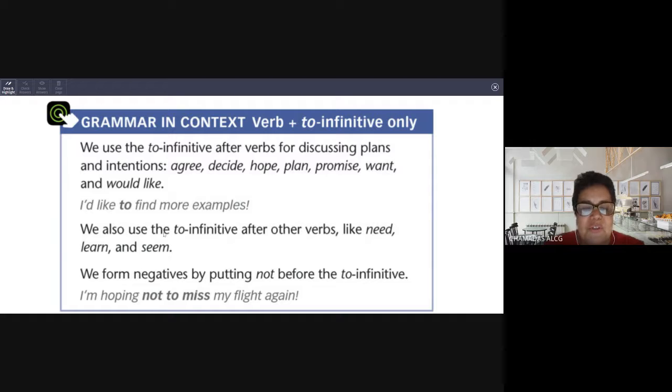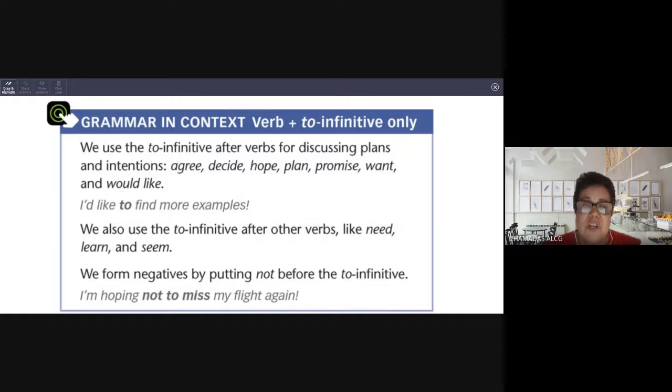We also use the to infinitive after other verbs like need, learn, and seem. We form negatives by putting not before the to infinitive. Example: I'm hoping not to miss my flight again. It's important to notice that the negative infinitive is different from other verbs.